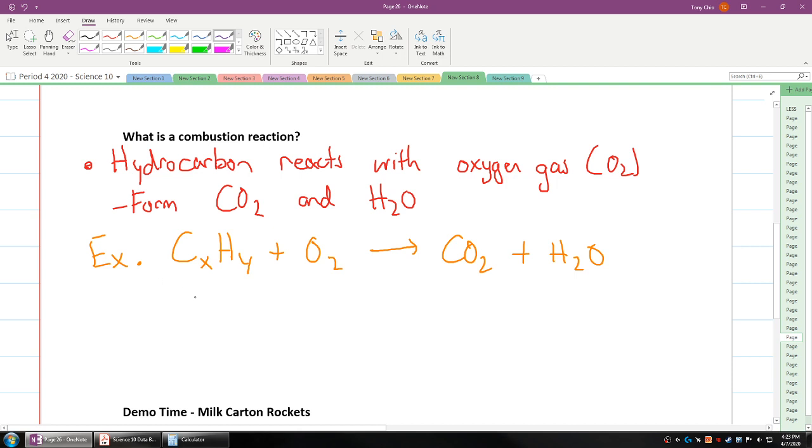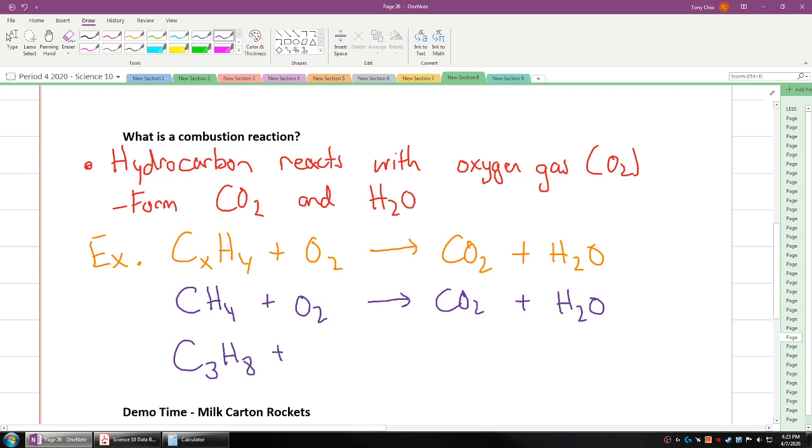An example of this could be CH4, methane gas, which will react with oxygen and always form CO2 and H2O. You could have, for example, propane, what you burn in a barbecue, C3H8. React again with oxygen gas, and it will always form CO2 plus H2O. So as you see here, you're always going to form these two products.